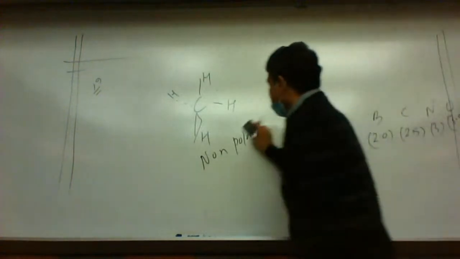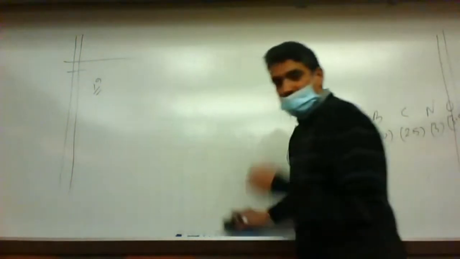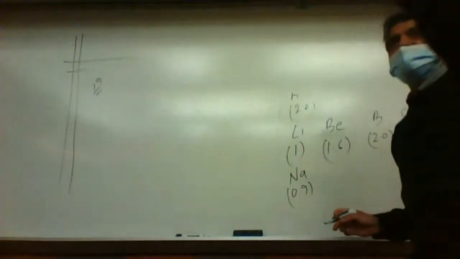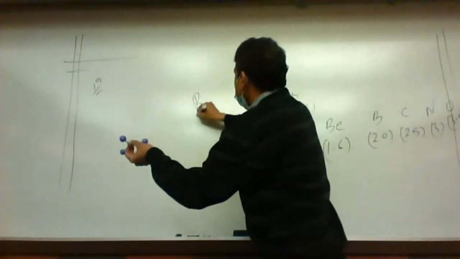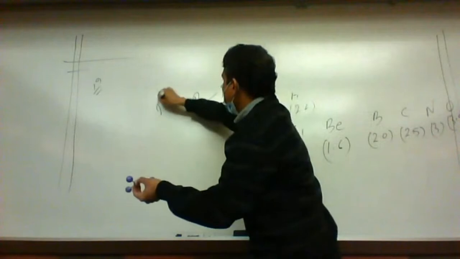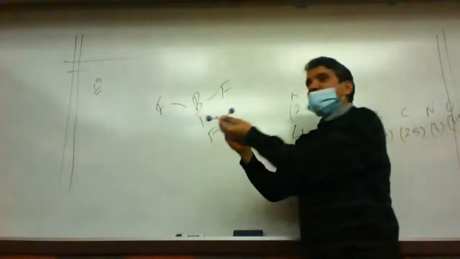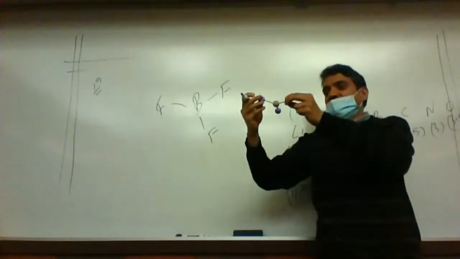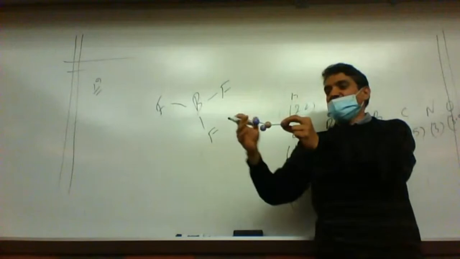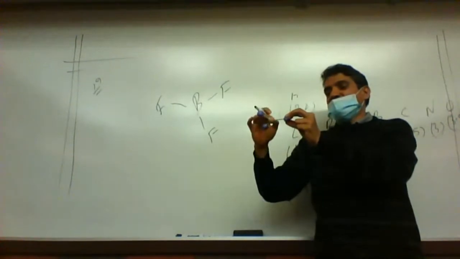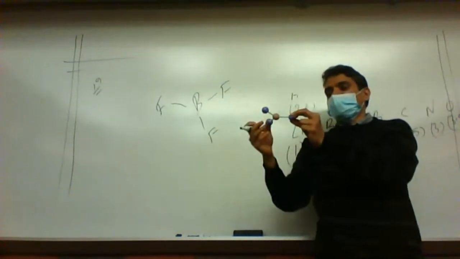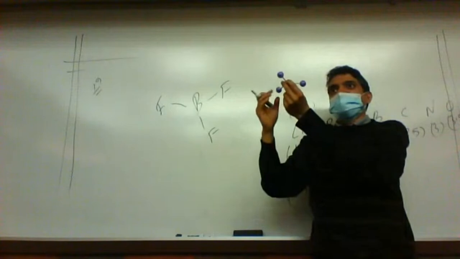Now let's see, what do I have here? BF3. Let's look at this molecule, BF3. You see here that these three things are sitting, all these three things here are the same. In the center there is B, and here is an F, here is an F, and here is an F. So balanced.